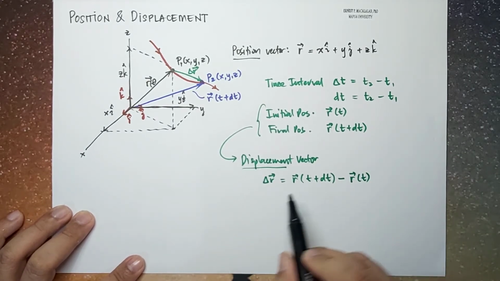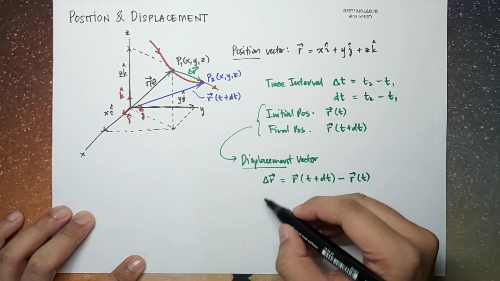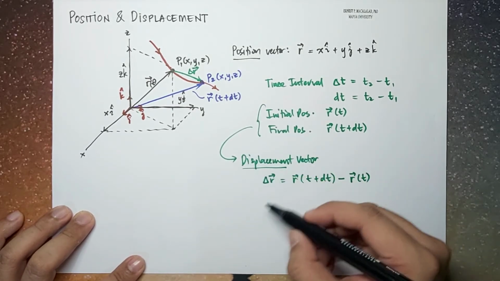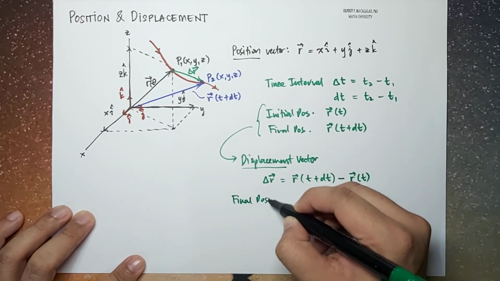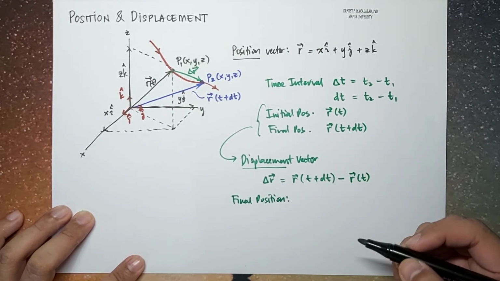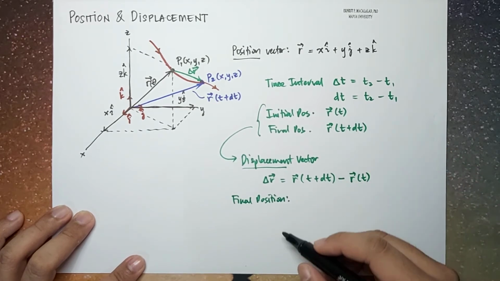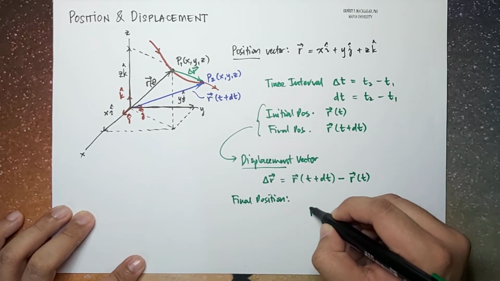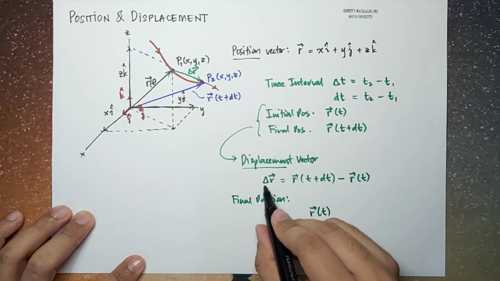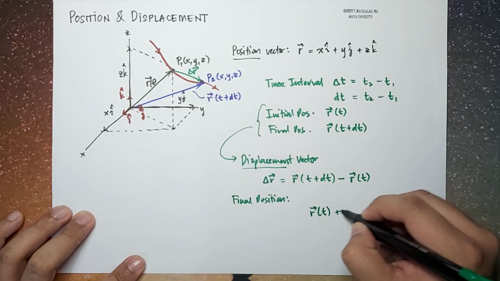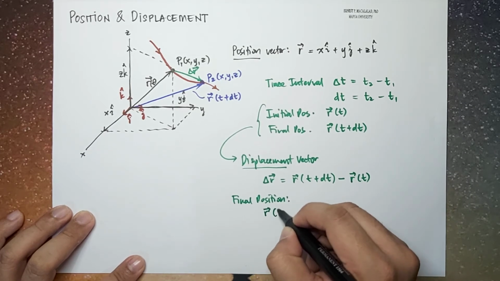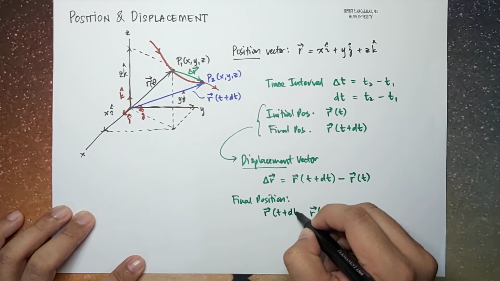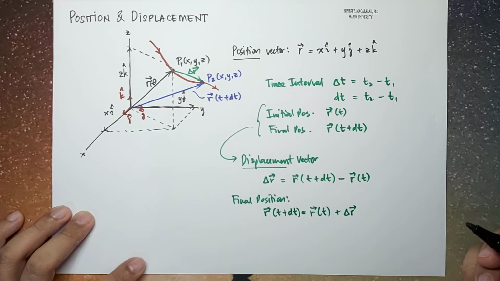If this is your displacement vector, that means we can define the final position as given by the initial position r and your displacement vector delta r. So this is now your final position, r at time equal to t plus dt.